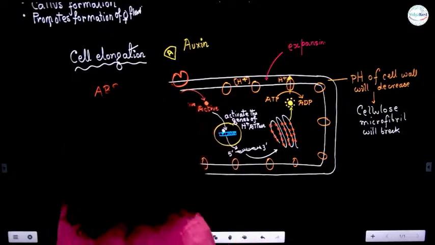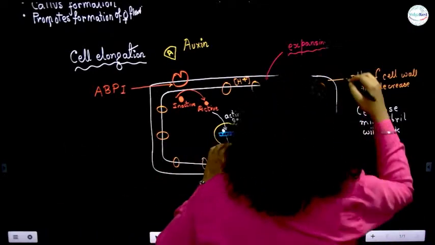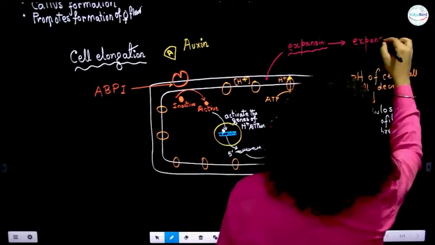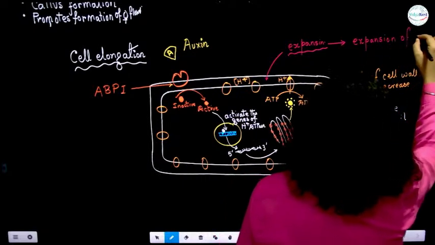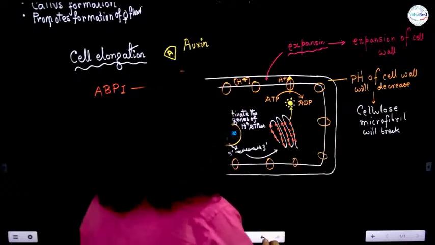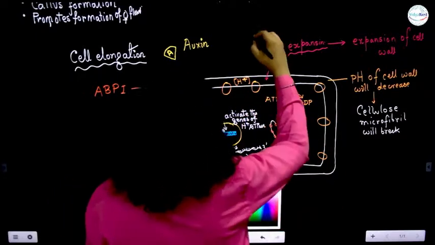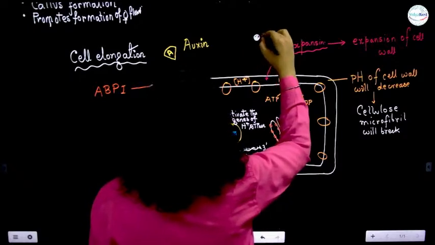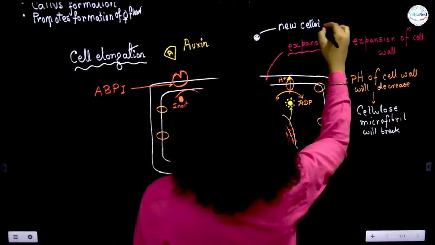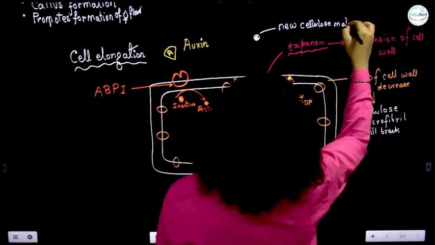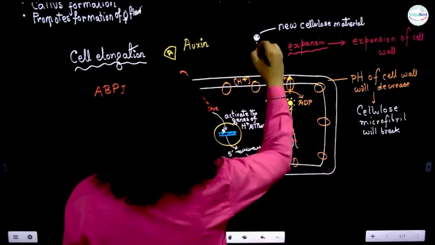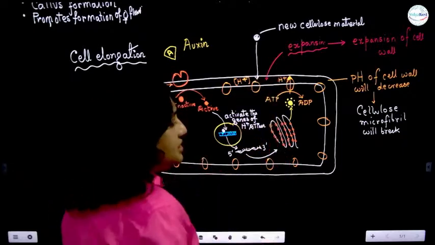ठीक है. तो एक्सपेंसिन एक प्रोटीन है which is responsible for expansion of cell wall. जैसे जैसे सेल वॉल का एक्सपेंशन होगा, new cellulose material will enter into the existing cell wall structure.